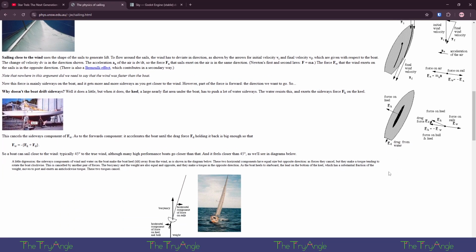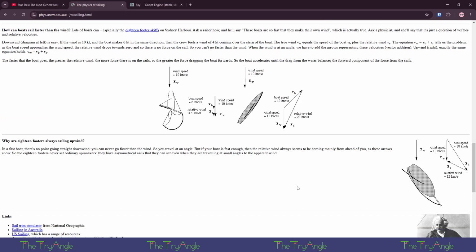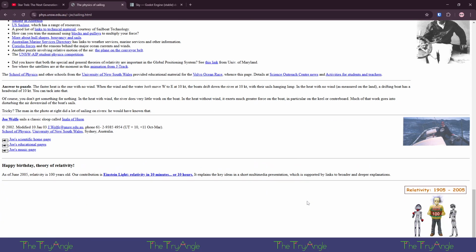Yes, I think we'll need to do some calculations. Yeah, look at that. Wind speed 10 knots. Boat speed is 6. Relative wind is 4. Is 20. Boat speed is 12. I mean, wait, no, that's all.